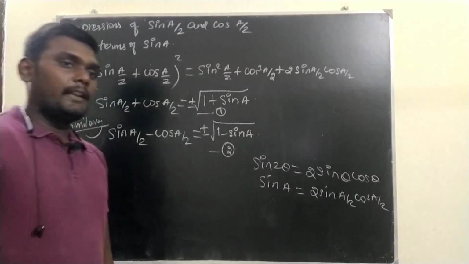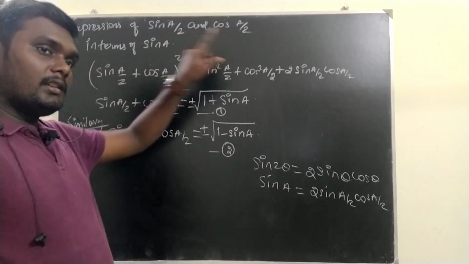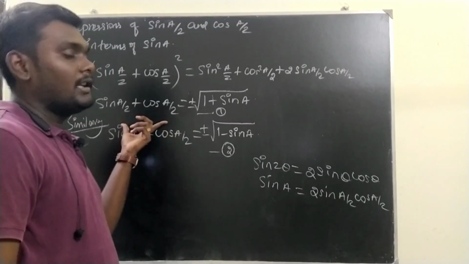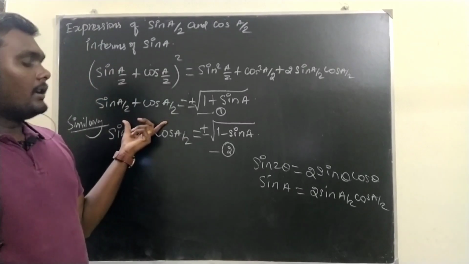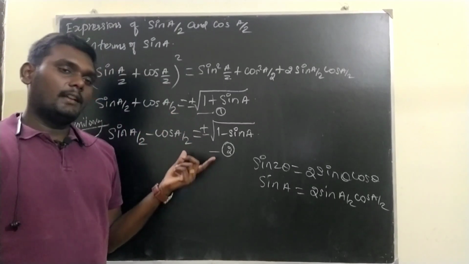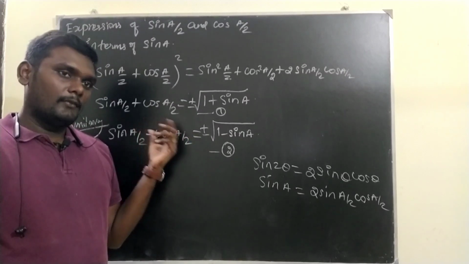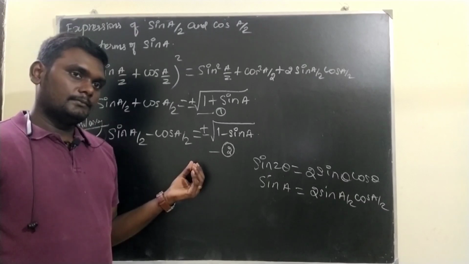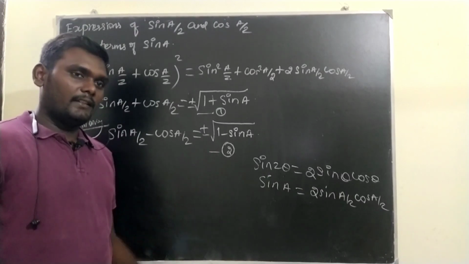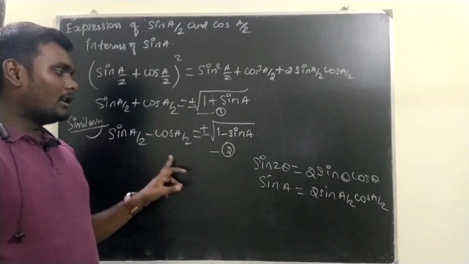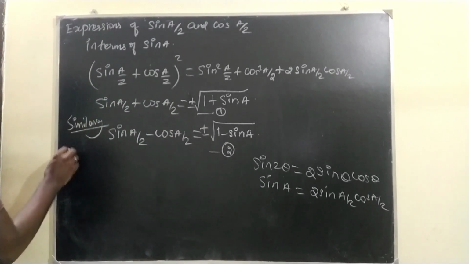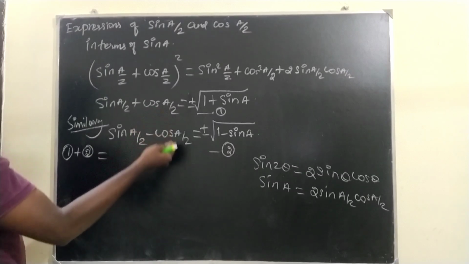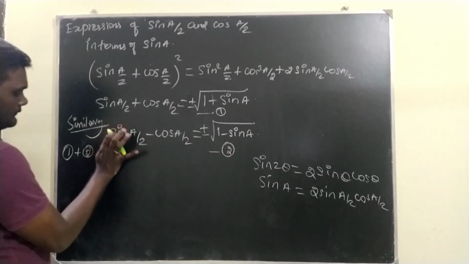Now, what are we about to find? Sin A by 2 in terms of sin A, cos A by 2 in terms of sin A. What we have here is sin A by 2 plus cos A by 2. Clearly, the first equation and second equation are linear equations, which can be solved easily. When you add these two, the cos A by 2 will get cancelled.